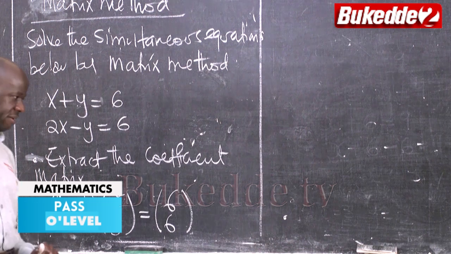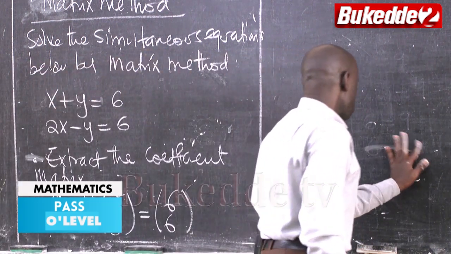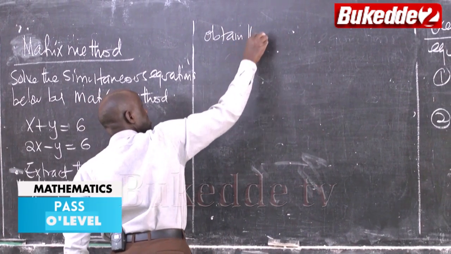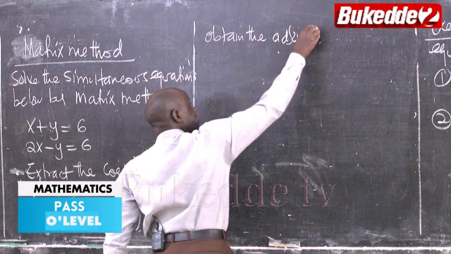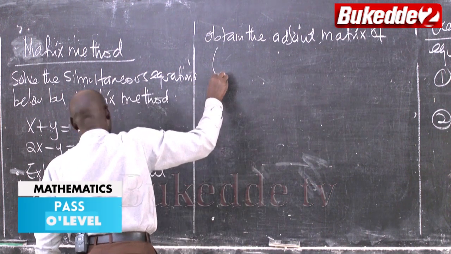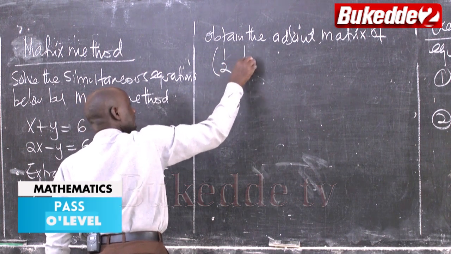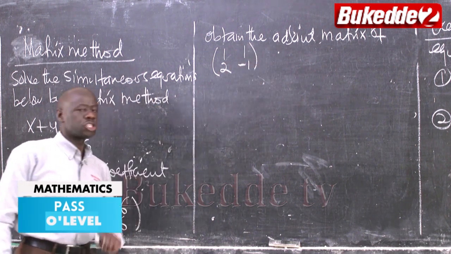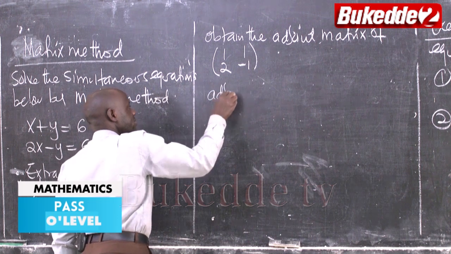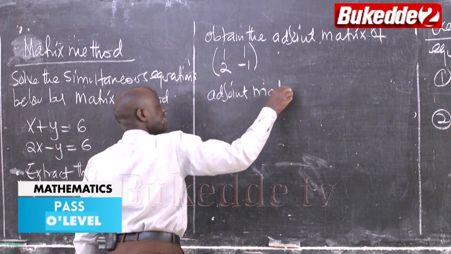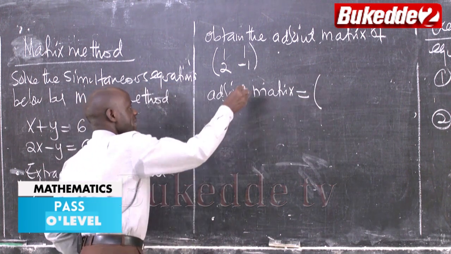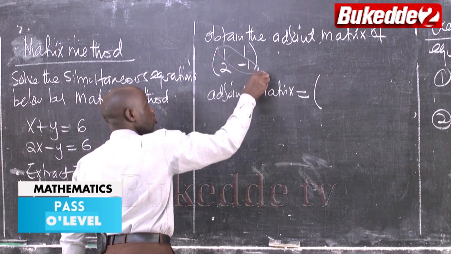So what do you do from here? You are going to obtain the adjoint matrix of 1, 2, 1, -1. Get the adjoint of this one. Here, our adjoint matrix is that matrix in which the elements in the major diagonal switch places.